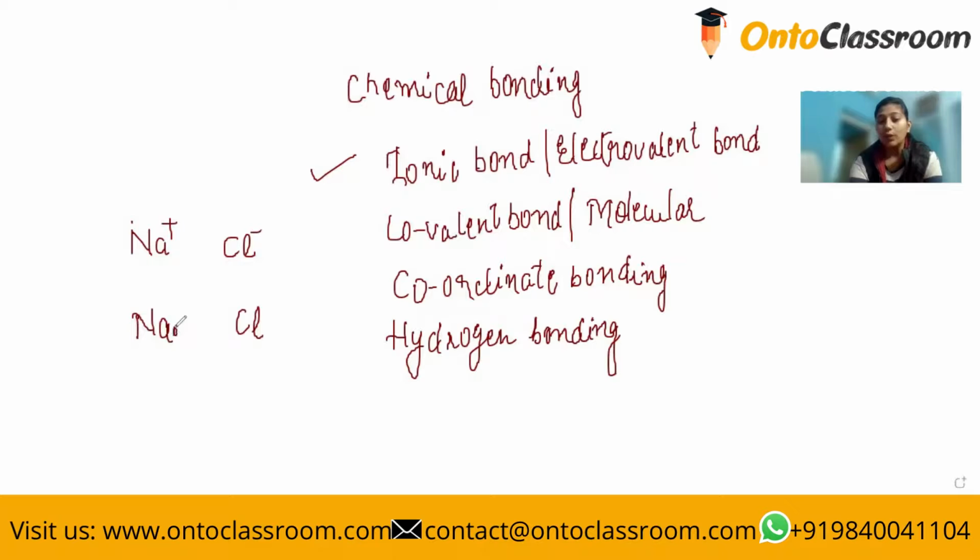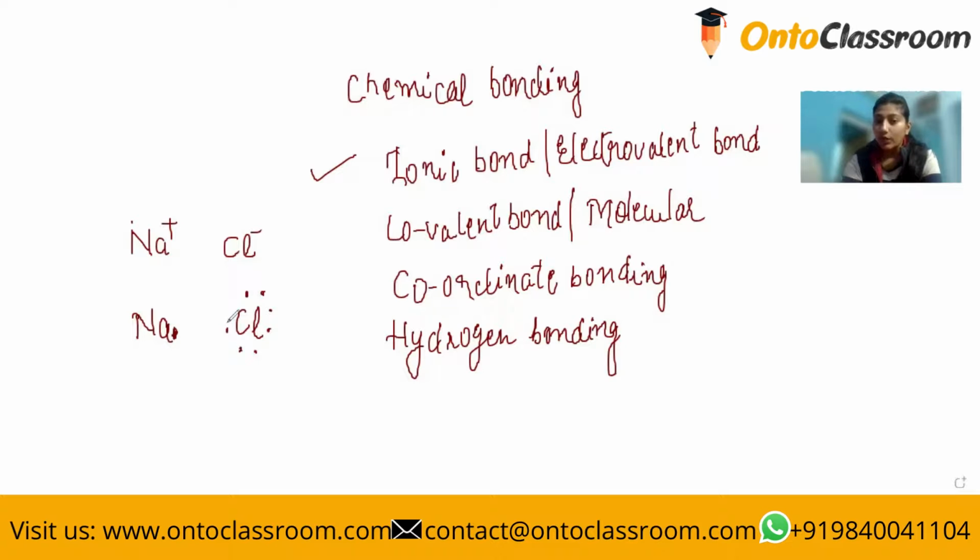So the last orbit contains one electron, so we show one dot in the electron dot structure. Electron dot structure is the representation of the electrons present in the outermost orbit of the atoms. Sodium atom has one outermost electron and chlorine has 7 electrons: 1, 2, 3, 4, 5, 6 and 7.